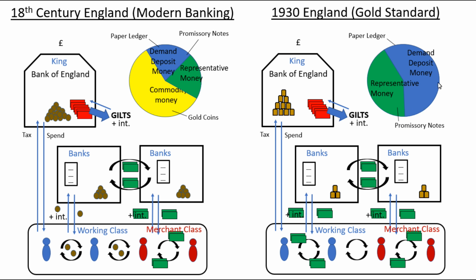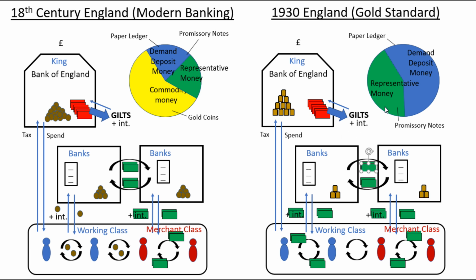The money supply now is dominated by demand deposit money, money that banks have lent people, deposit accounts stored on the ledgers of banks. And people have confidence in this representative money because it's denominated in pound sterling, the legal tender for the United Kingdom. And the United Kingdom at this time was the global superpower, and other countries and banks and insurance brokers wanted to buy gilts still because they had confidence that the UK government would be able to continually raise taxes.